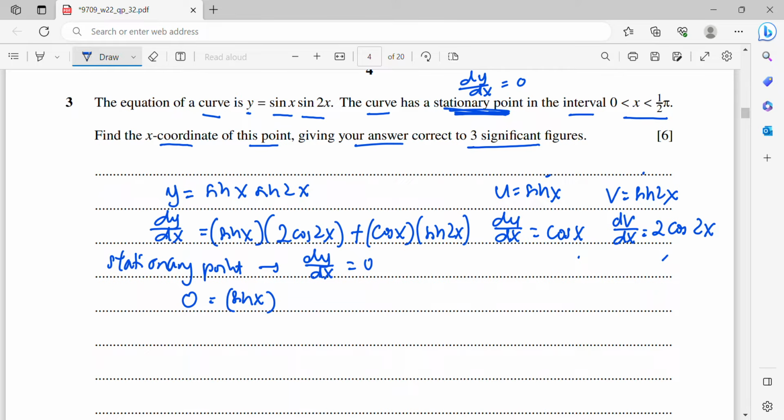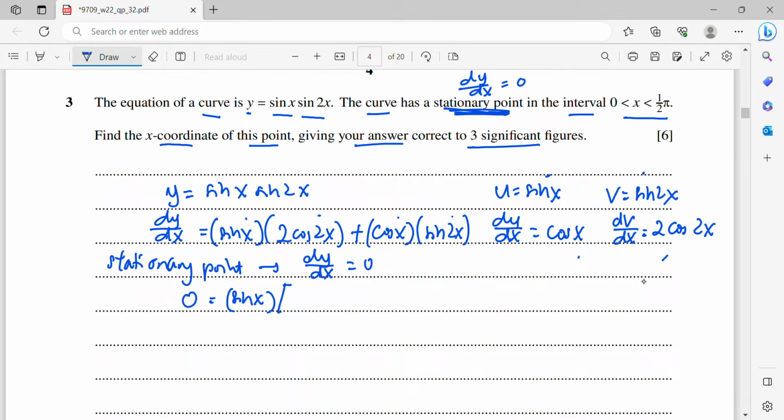Okay, so when you check the solution here, you have sine x, you have cos 2x, then you have cos x and sine 2x. So to solve the equation, we change the 2x, the double angle formula, into single x, which means in terms of just x and no longer 2x.